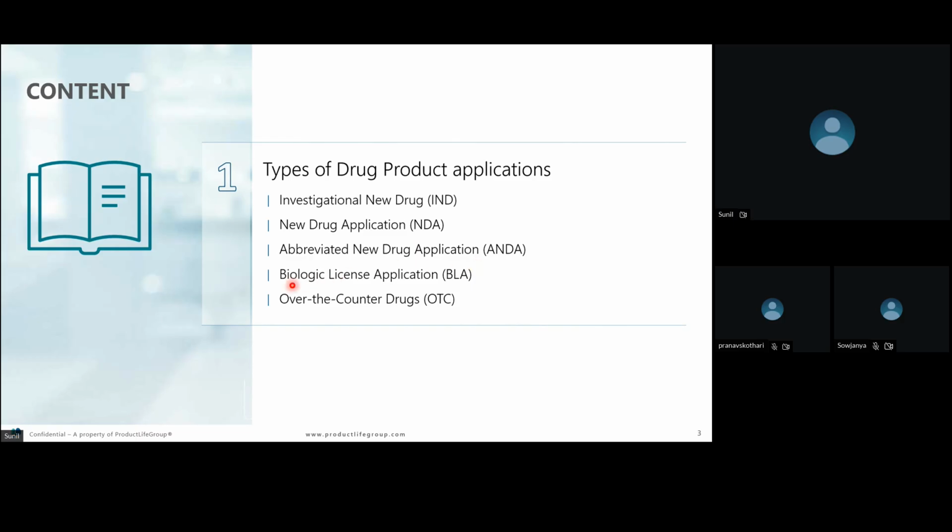Then there is biologic license application, BLA, that is also gaining a lot of popularity and a lot of demand in India. And at the end, we will discuss the last category, which is over-the-counter drugs, the OTC drugs.